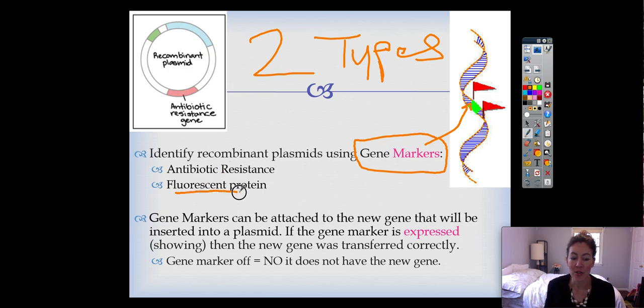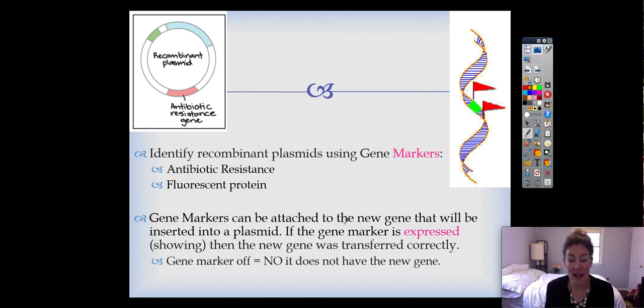I'm going to show you how to use fluorescent protein to do that. And we're also going to see antibiotic resistance. Recall we talked about plasmids containing these genes. That's the second type of marker or identification tool we can use to see which plasmids have that new gene that we inserted.